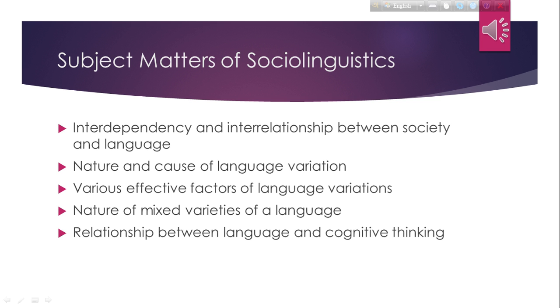Interdependency and interrelationship between society and language, nature and cause of language varieties, various effective factors of language variations, nature of mixed varieties of a language like Pidgins, Creoles, registers, Diglossia, bilingualism, multilingualism, etc., and relationship between language and cognitive thinking.